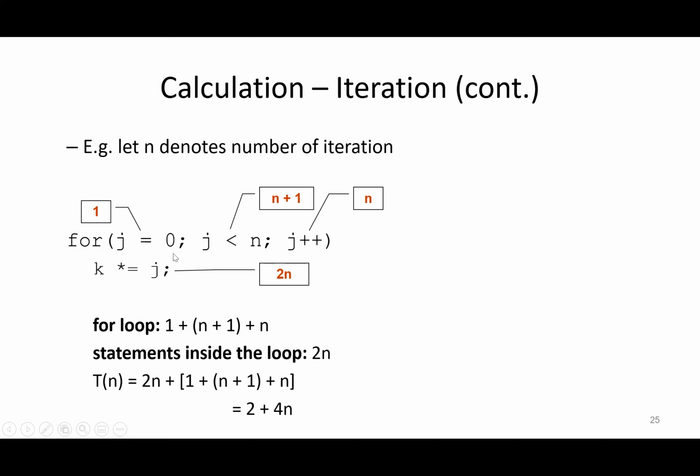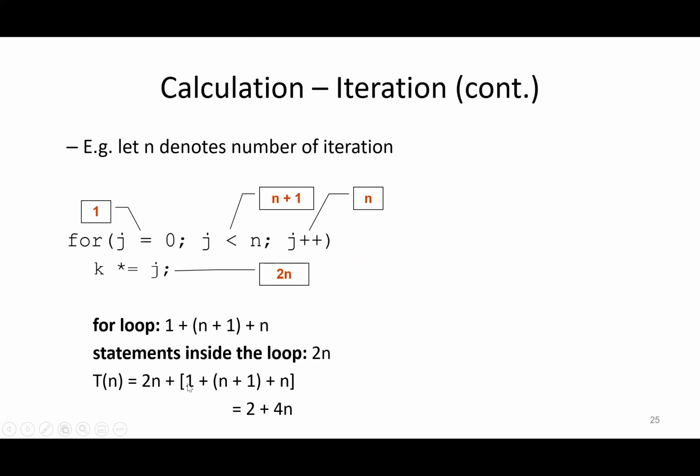And then for the statement inside the for loop, it's only k multiplied equals j, right? So this requires 2 steps, but because we execute n times, the total number of steps will be 2 multiplied by n, which is 2n inside the loop. Then for the total time step that you need, you just add up the operations in the header together with the number of operations inside the for loop.